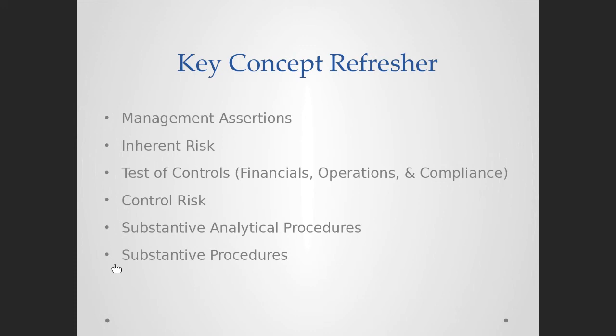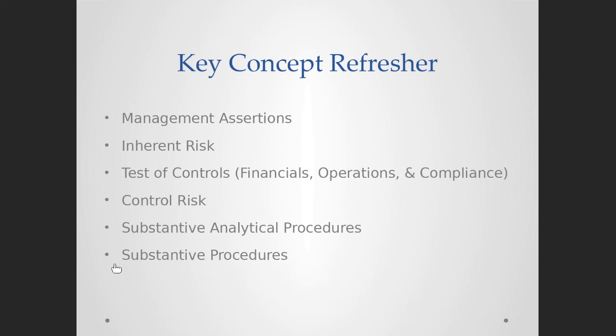Okay, so you would test the assertion, but you could skip a procedure, right? You still go through the documents and make sure the accounts receivable is correct, but you could skip the confirmation, for example. Very, very rare. This is not done except occasionally, but you could skip the procedure.